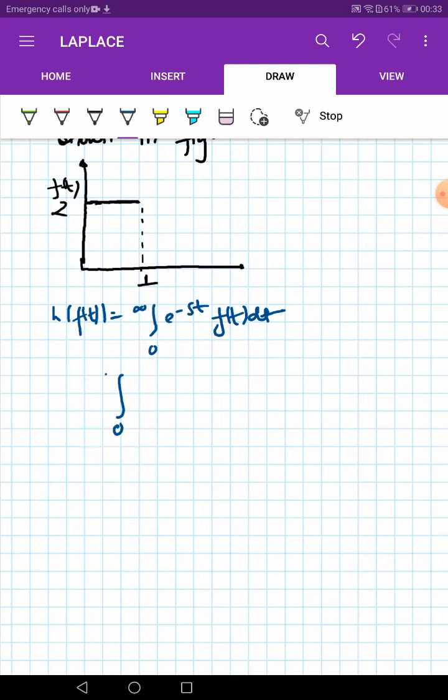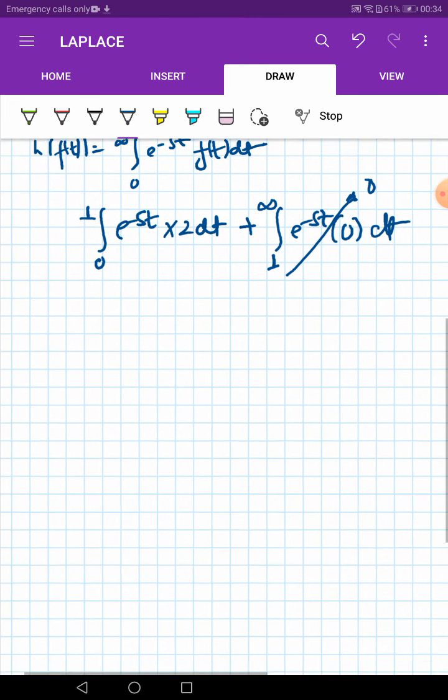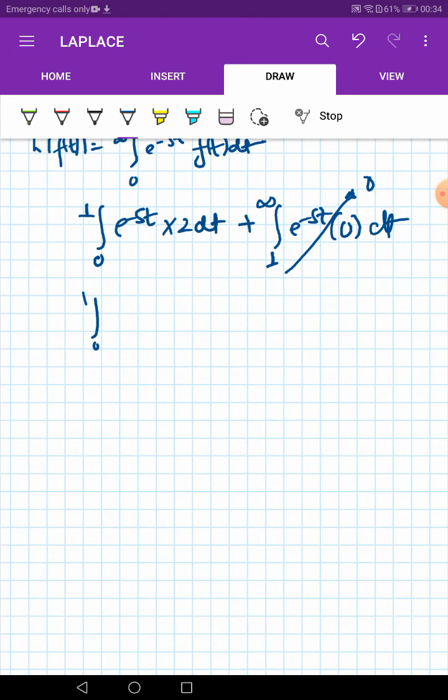From 0 to 1, e power minus st and f of t equal to 2 dt, plus from 1 to infinity, e power minus st and f of t equal to 0 if t is greater than or equal to 1. So f of t is equal to 0, and this term will get cancelled completely. So we need to find the integral from 0 to 1 of 2 e power minus st dt.